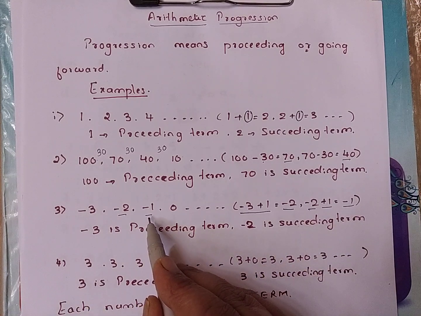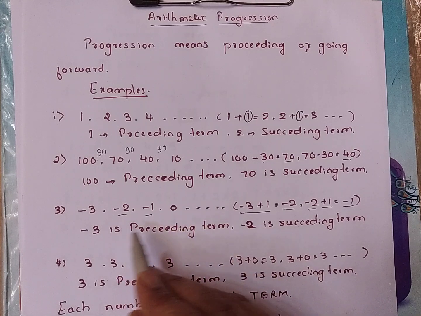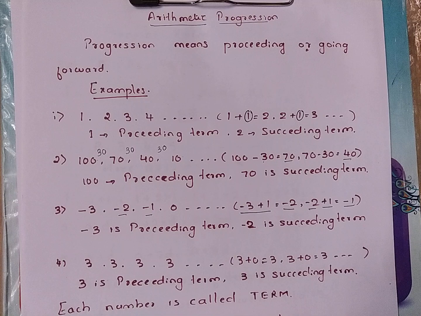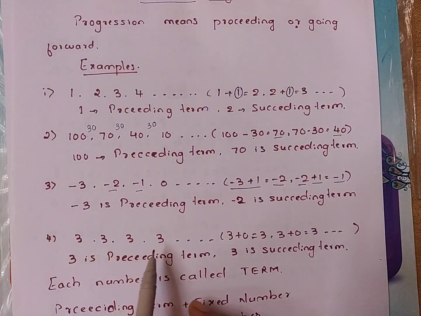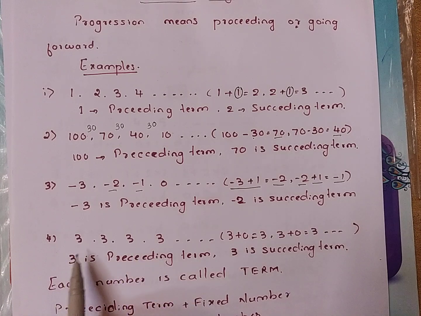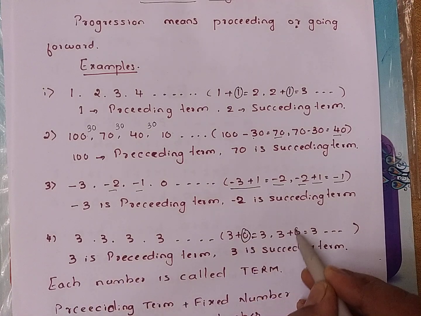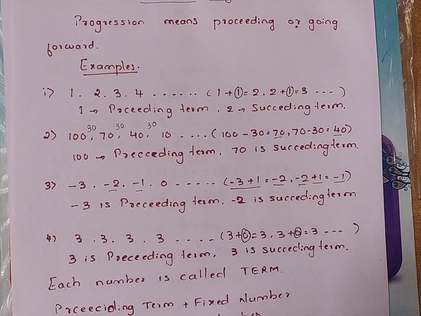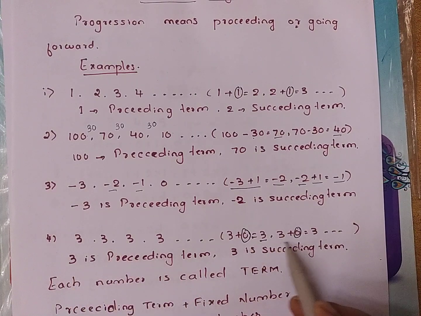For -1, if we add 1, we get 0. Like this, the series goes on. And in the fourth example, all the numbers are the same, 3, 3, 3. By adding what to the first number do we get the next number? Adding 0. 0 is the difference between these numbers: 3 plus 0 equals 3, and 3 plus 0 equals 3.